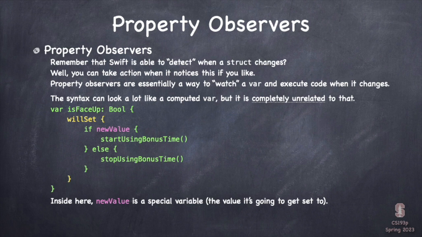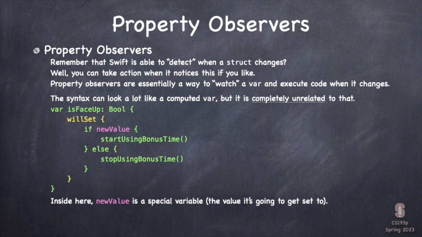Here I put a little curly brace after it, like a computed var in syntax, but totally different in terms of semantically what's going on. And then I say willSet, and then another curly brace. And in here, this is code that's going to be executed when isFaceUp is about to be set. And in there, there's a special var called newValue, which is the value that is going to be set to. Simple enough, right?